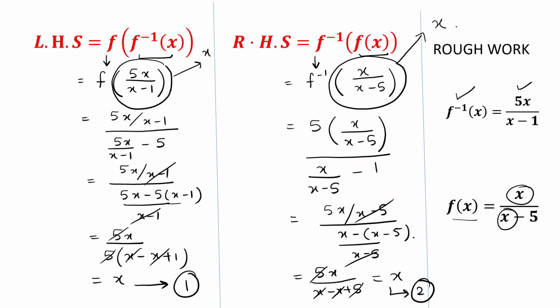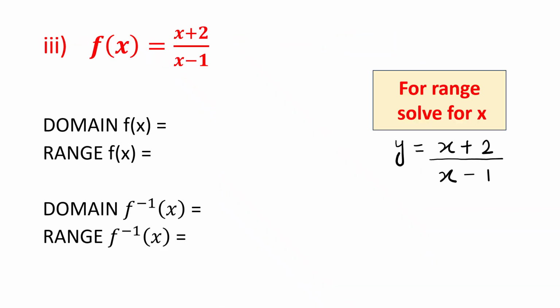From equation number 1 and 2, left hand side is equal to right hand side. For domain, any real number except 1 will work. So domain will be set of all real numbers except 1. For range, we solve for x.